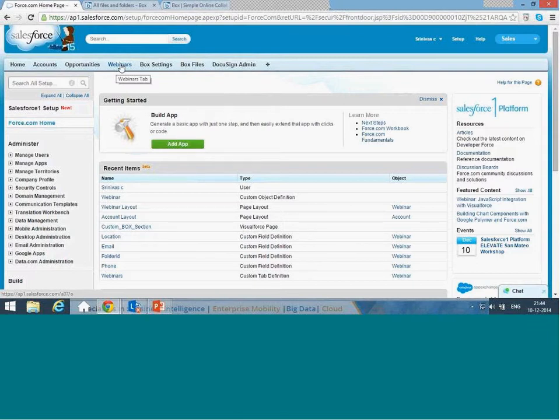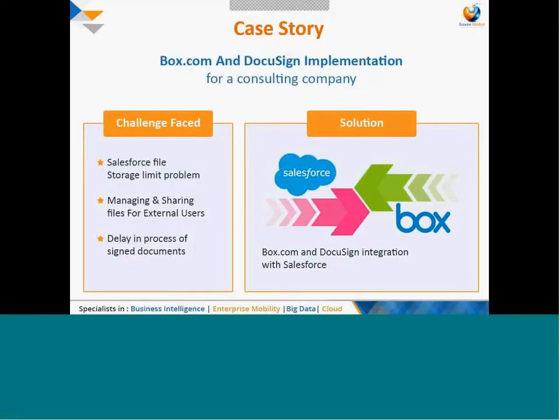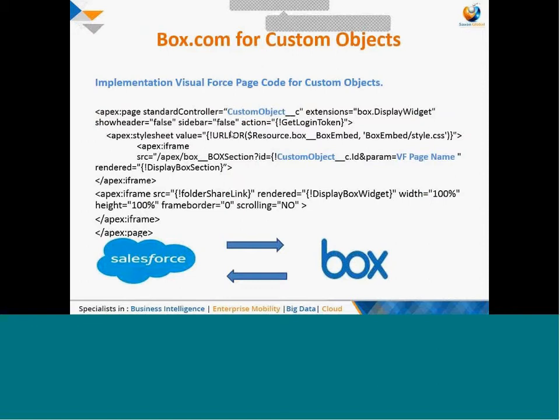Apart from this, you need to create a Visualforce page. I'm going to share the Visualforce page code with you. If anyone is interested, just email me. Once I get an email, I'm going to share this code with you. You need to create a Visualforce page.